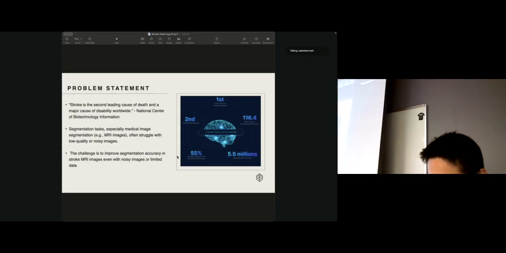Segmentation tasks, especially with MRI images, often struggle with noisy or low quality images. So the challenge is to improve the segmentation through improving these noisy images, or even with limited data.